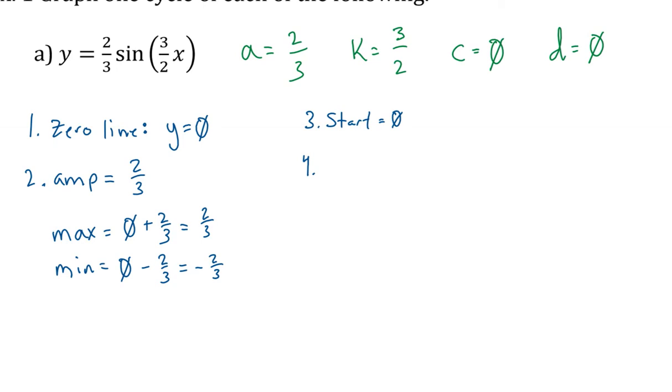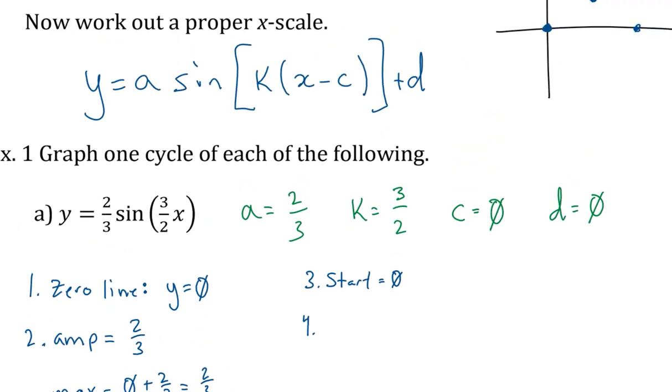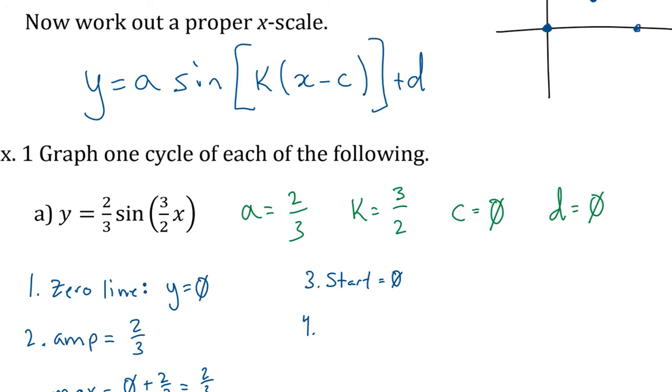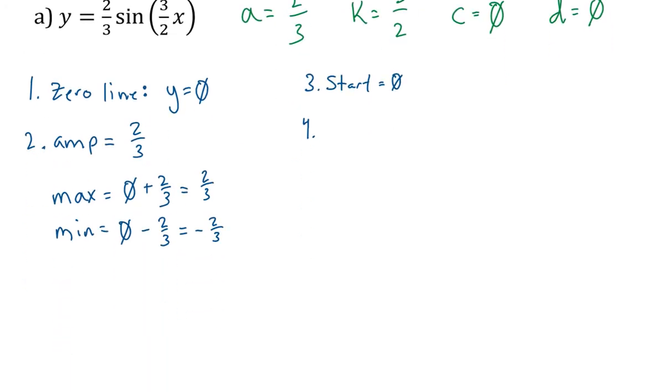That does make me think of this fact that you just need to know: the start is the C value. If you don't know that, I'm not sure how you're going to figure that out. So in your practice, make sure you realize that that's where you get the start from. There's no magic to that. It just is the C value. And that is related again to knowing where those variables are in the equation.